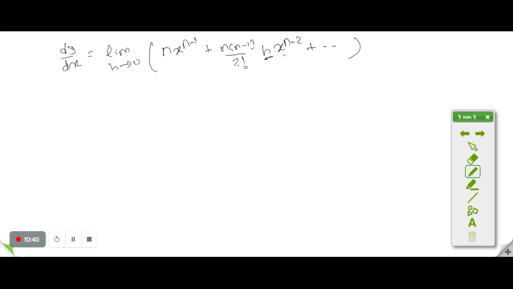So if you have h squared here, then the third term will have h squared, then we have h cubed, and then we have h raised to 4, right? By cancelling each term, this is what will remain.